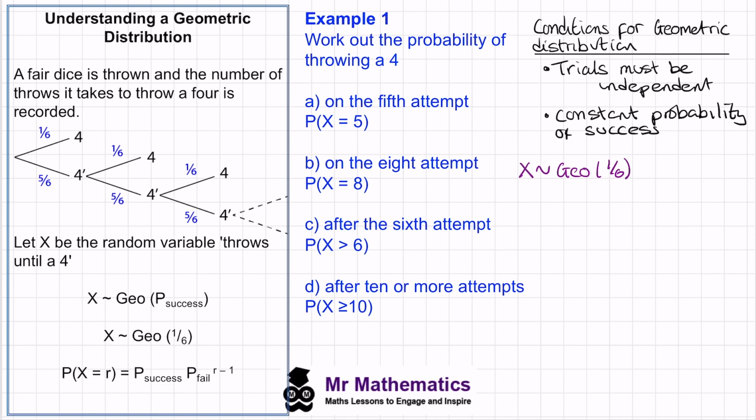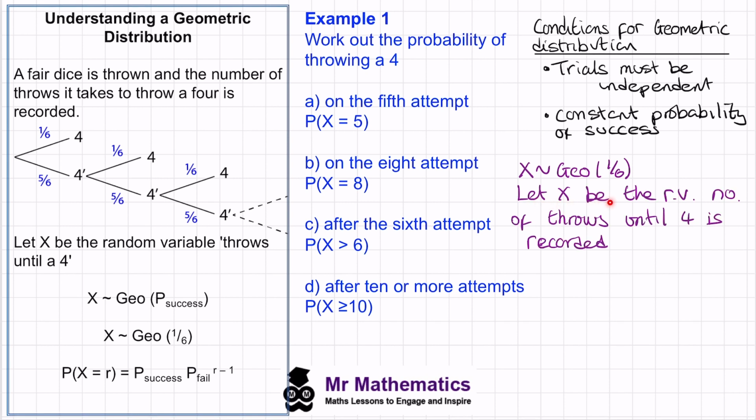And whenever we write a model like this, we need to define the random variable. So we'll say, let X be the random variable, the number of throws until a 4 is recorded. So the probability of getting a 4 the first time is when X equals 1, and this will just be 1/6. The probability of getting a 4 on the second time would mean 1 failure on our first attempt and then a pass. And getting a 4 on our third attempt, we would have had to fail on our first, fail on our second, and then pass on our third.